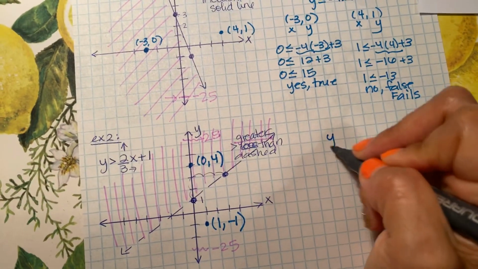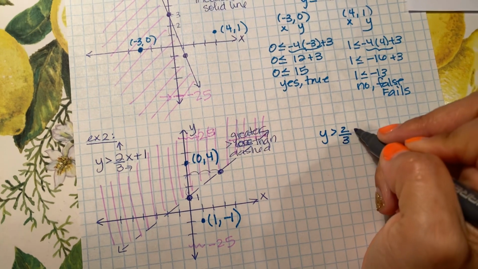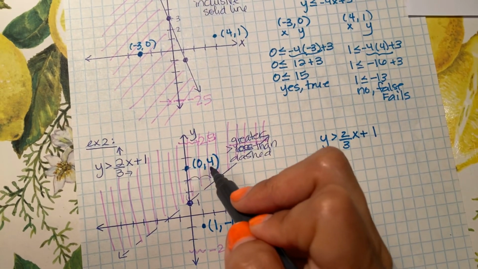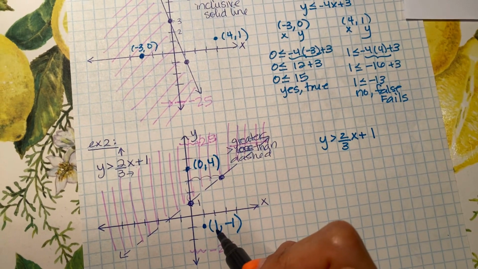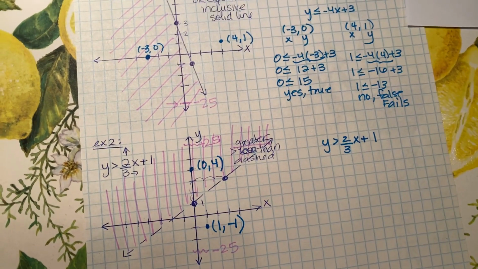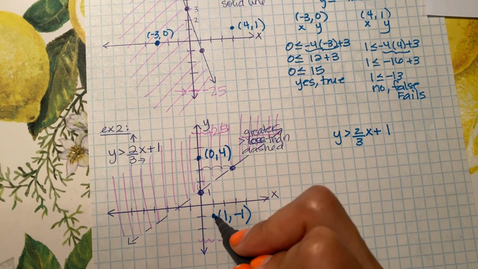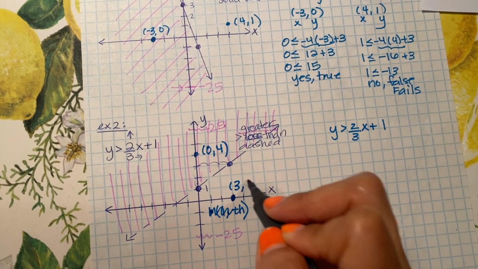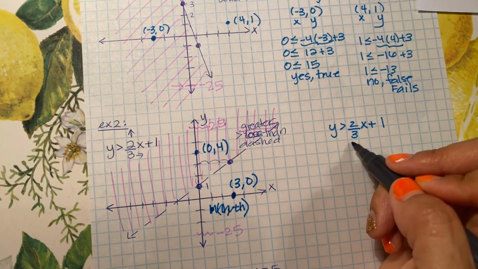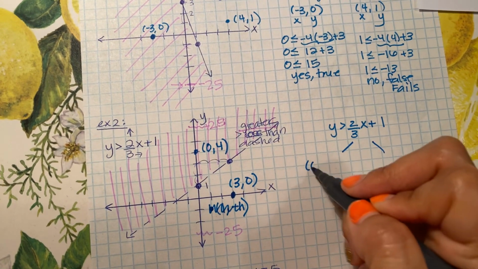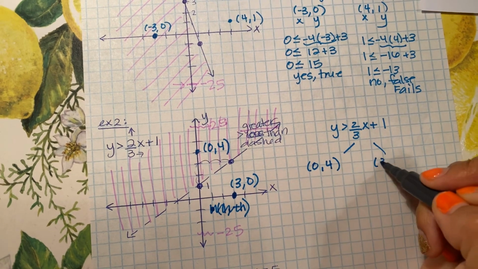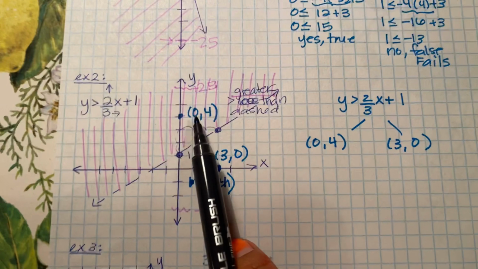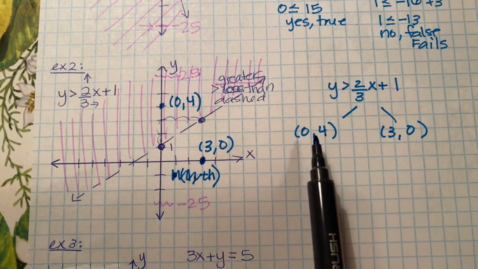Actually, let's pick a multiple of 3 because of the 3. So we'll pick 3, 0. Let's pick our 2 points, 0, 4 and 3, 0, and check them. 0, 4 is in my shaded region, so that means it should hold true.